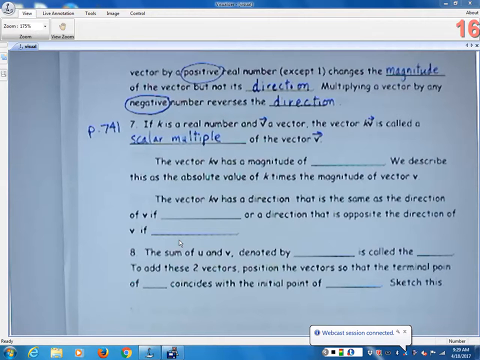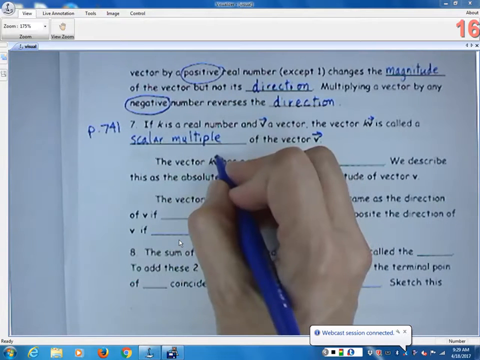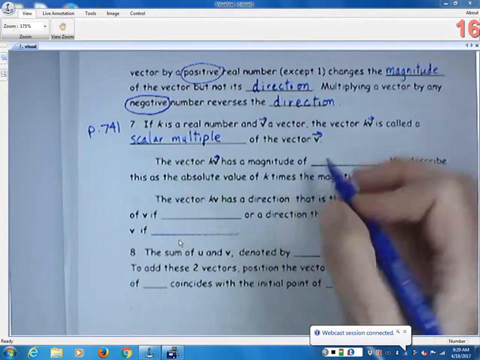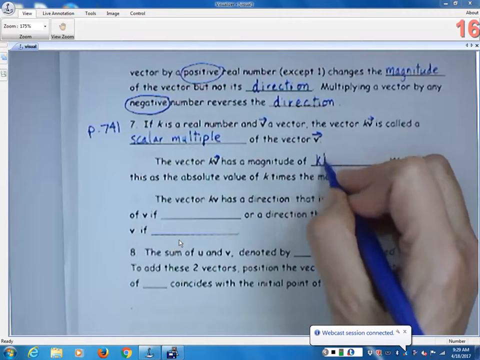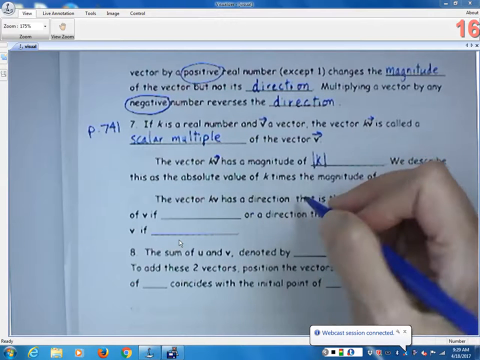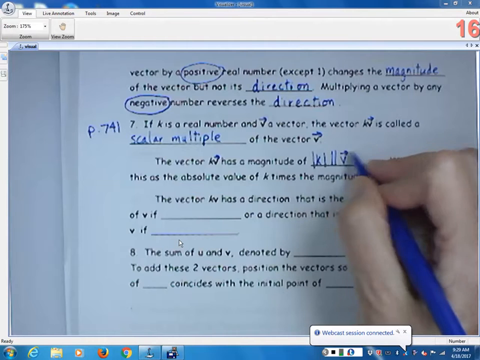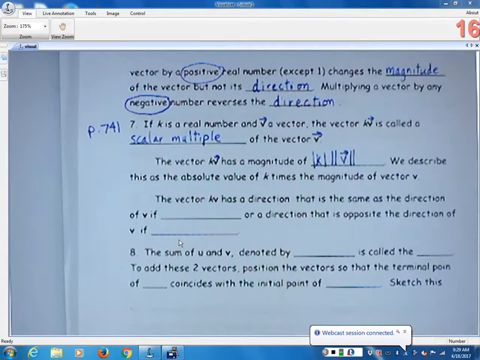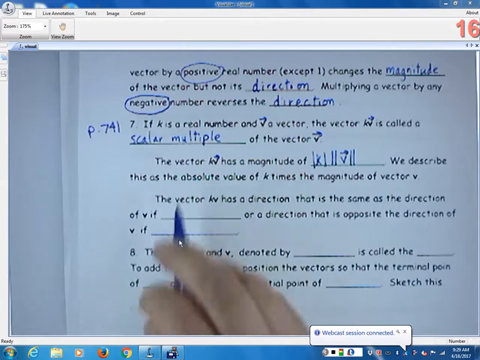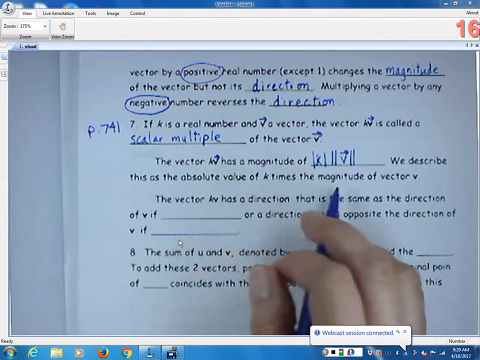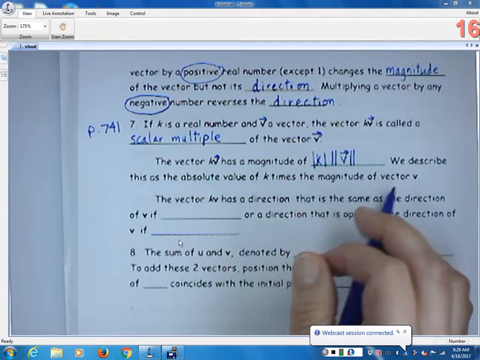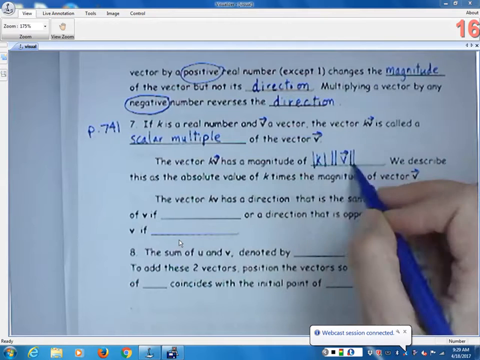The vector kv has a magnitude of the absolute value of k, which was a real number, times the magnitude of v. That's how we show that. We describe this as the absolute value of k times the magnitude of vector v. There's the symbol for it. Here's what it means.